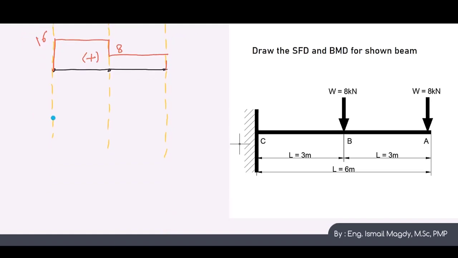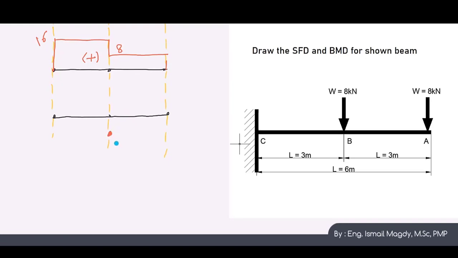Let's check now our bending moment. We have our beam here. Let's start calculating the moment from here. It is 0. Let's start calculating by the next point. Here we have this 8 kN multiplied by 3, so it means we have 24 kN meter, and we learned that it is negative, because it is creating tension at the upper side and compression at the lower side.